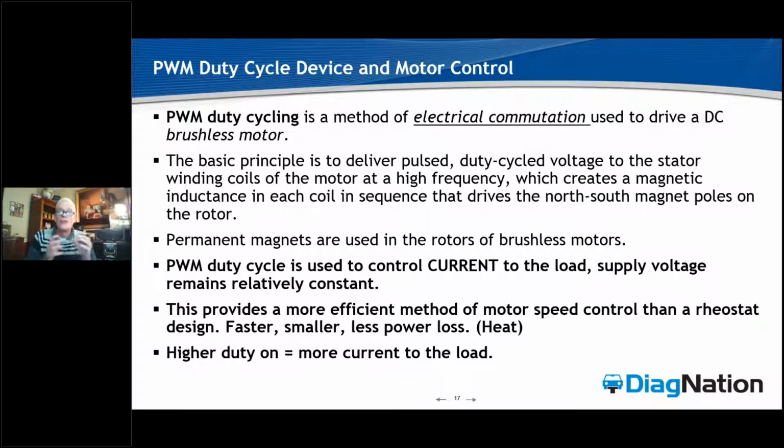In other words, in an old motor that some of us fossils would remember, you'd take the end cap off, you'd have two brushes and a commutator, which would be a metal slip ring wired to the actual motor windings. In this case, we don't have that. The pulse width modulation is the physical electrical commutation itself, and it's used to drive, in modern day cars, a DC brushless motor.